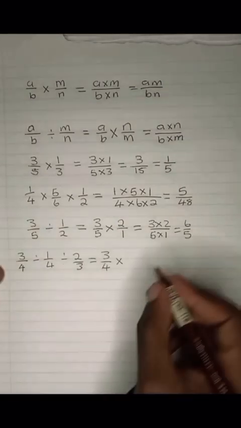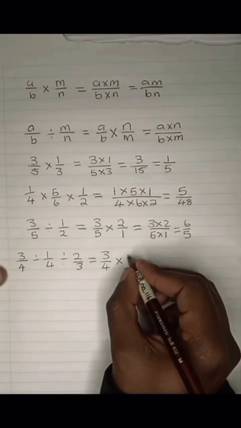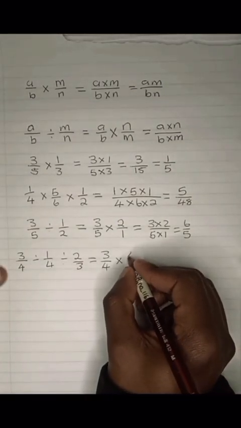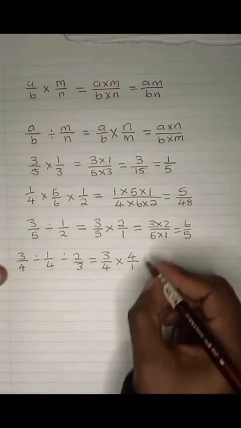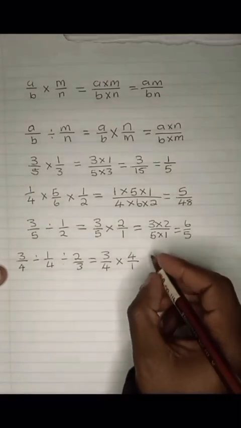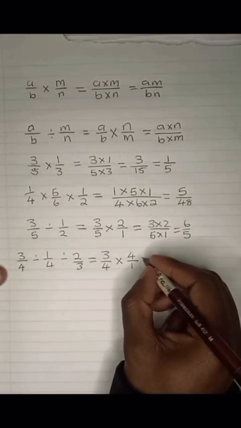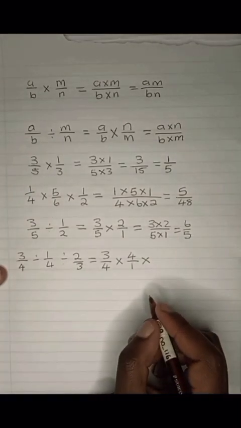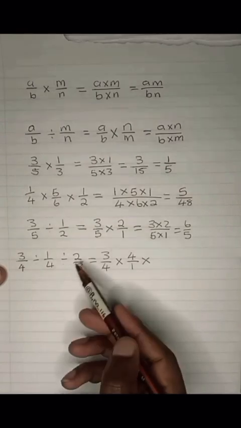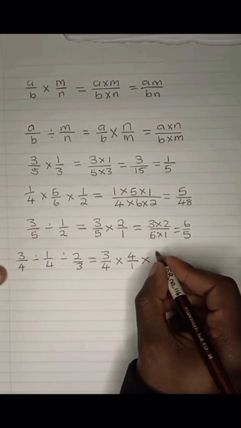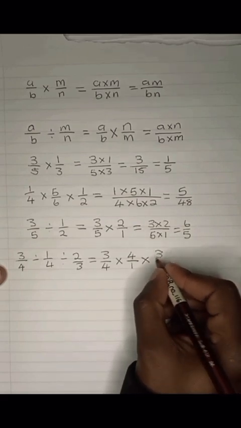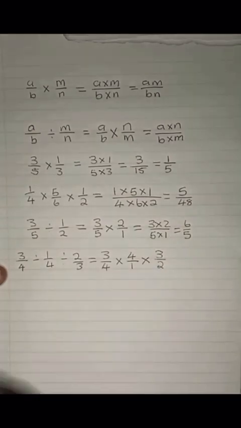Remember, you swap your denominator and the numerator. So we had 1 over 4, we're going to have 4 over 1. And then here also we have a division, so you change that division as well to multiplication and then swap the numerator and the denominator. So we had 2 over 3, we're going to have 3 over 2.